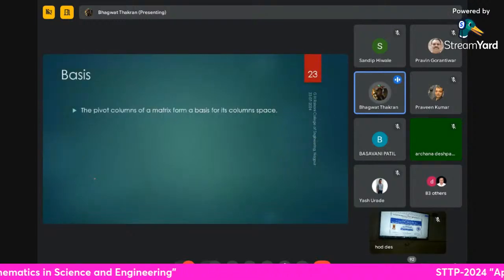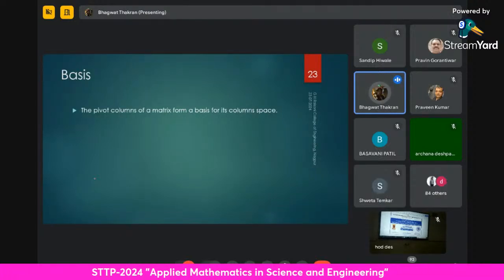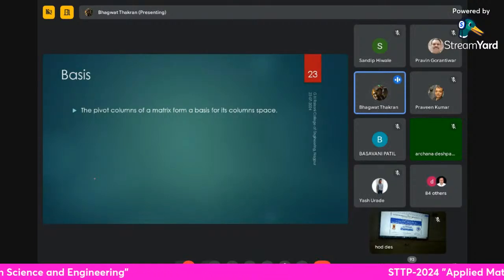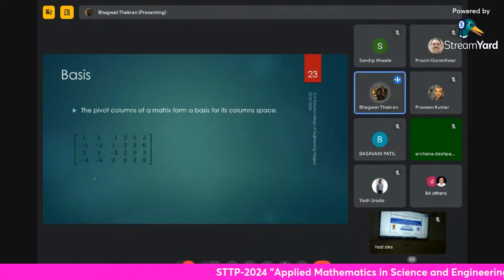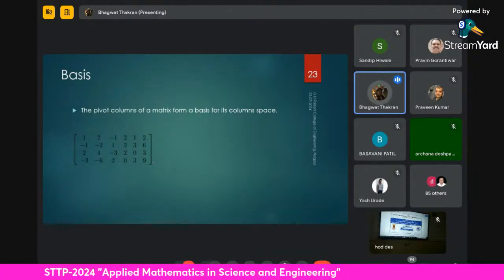Now, if our matrix is not small, say we have directly been given a matrix and, based on that matrix, we have to find the basis and its dimension. So what will I check? This is my matrix, of order 4 by 6.